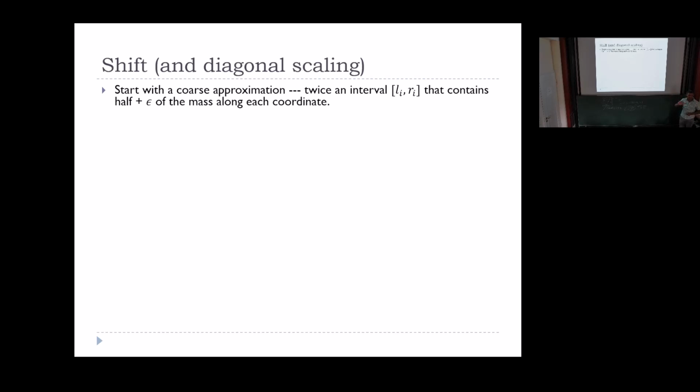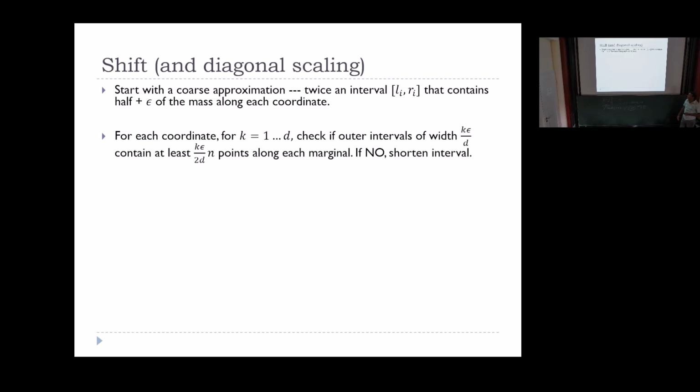So, diagonally scaled and shifted, and you want to estimate the diagonal scaling and the shift. The previous algorithm no longer works because I scaled arbitrarily. Each coordinate has its own width.